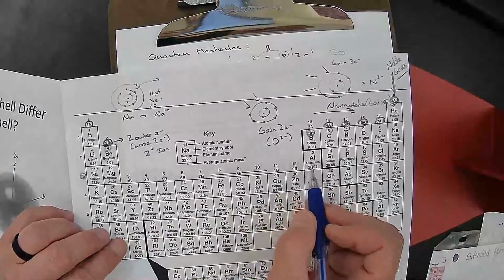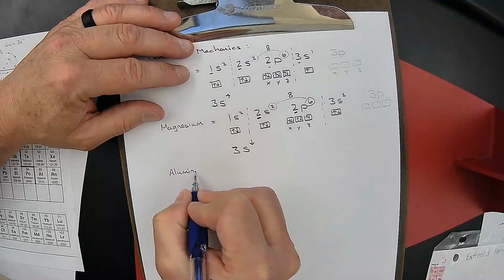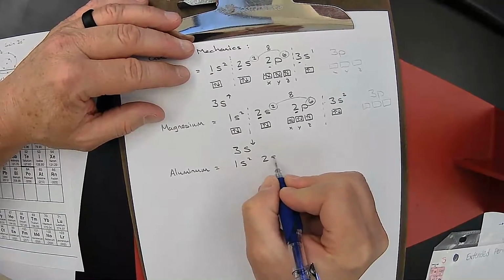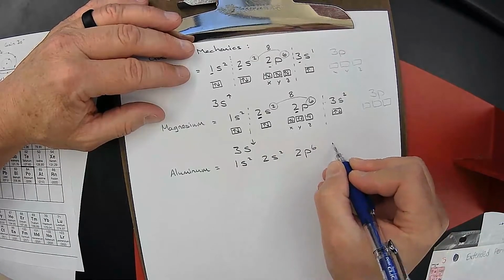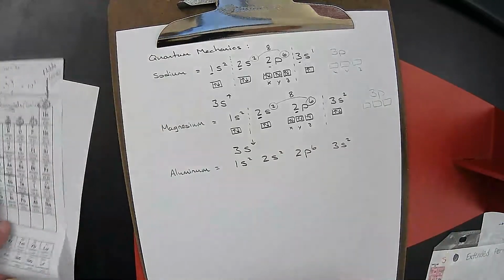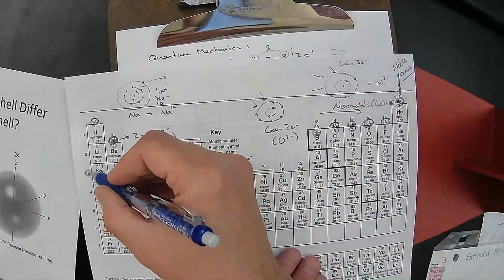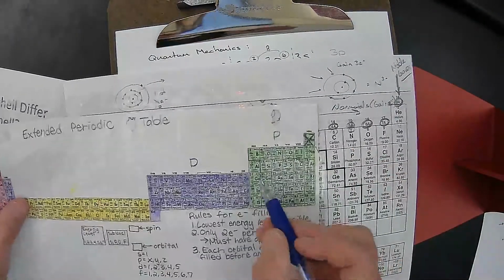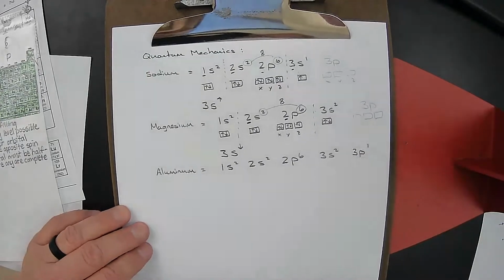After magnesium is aluminum. 1s2, 2s2, 2p6, 3s2, but now we're still in the third energy level, principal quantum number 3, but now we're in this section over here, which is the p's, and it's the 3p1.